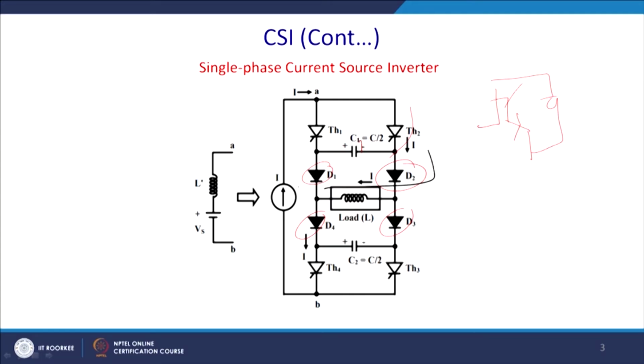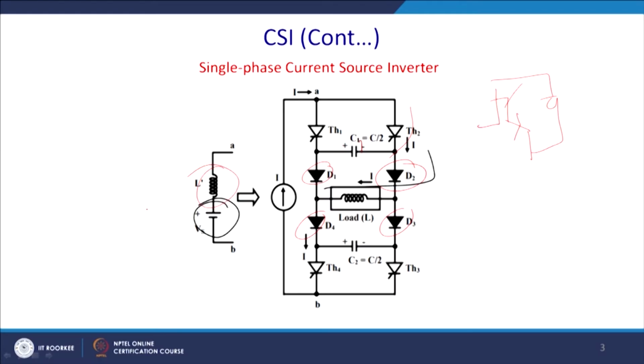So, you will get a bidirectional CSI inverter, and how do you realize it? Very simple. You have a DC source, and with the DC source you have a very large inductor. This is the challenge, getting a very large inductor, and unless you get one you cannot make a constant current source.